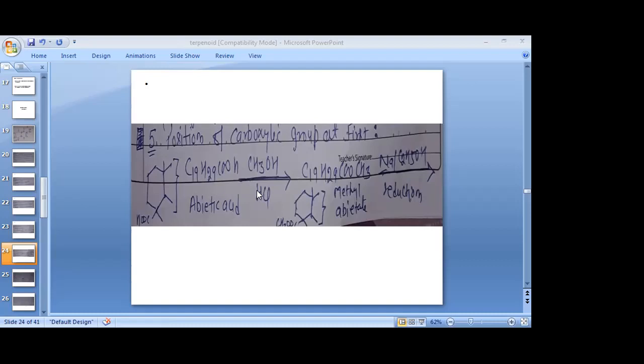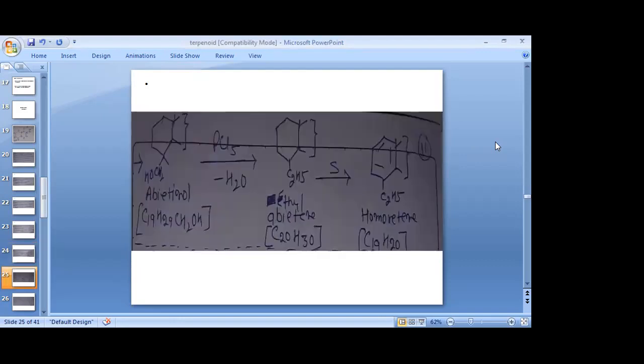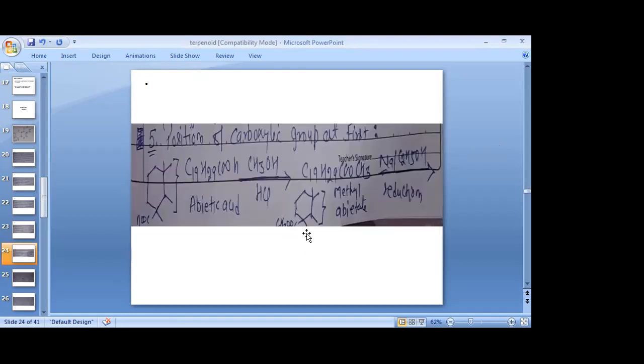Now, very important thing, after that it reacts with sodium and C2H5OH. It means reduction with sodium metal and ethanol. Sodium and ethanol is a good reducing agent, so it converts into the alcohol abietinol.